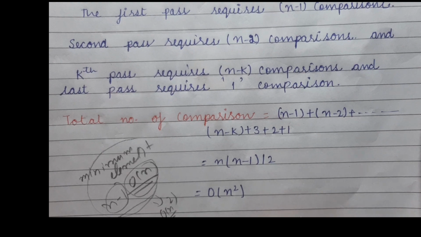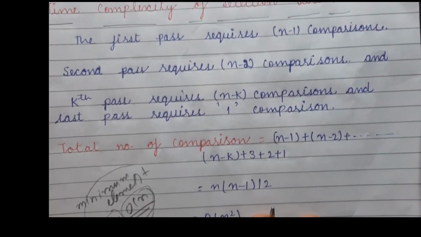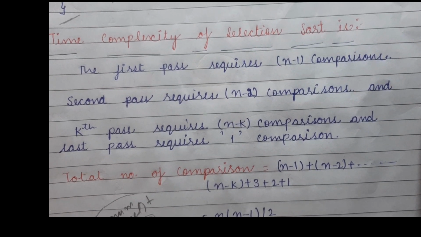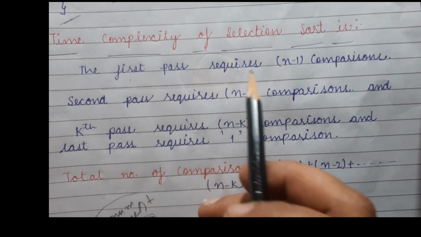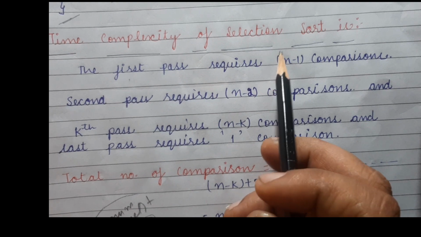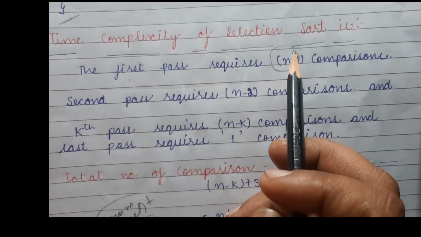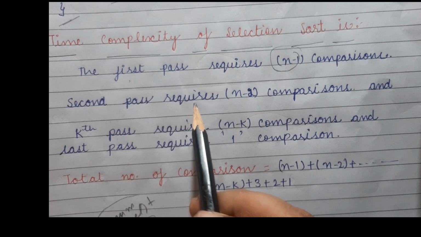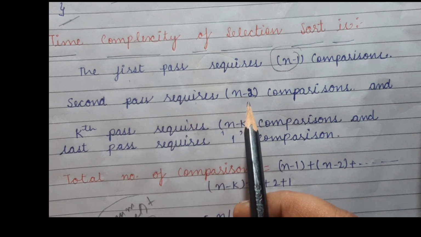Another way to see it: in the first pass, how many comparisons do we perform for finding the minimum element? n minus 1 comparisons. After this, in the second pass, how many comparisons? n minus 2 comparisons, because the first element is in the sorted list.